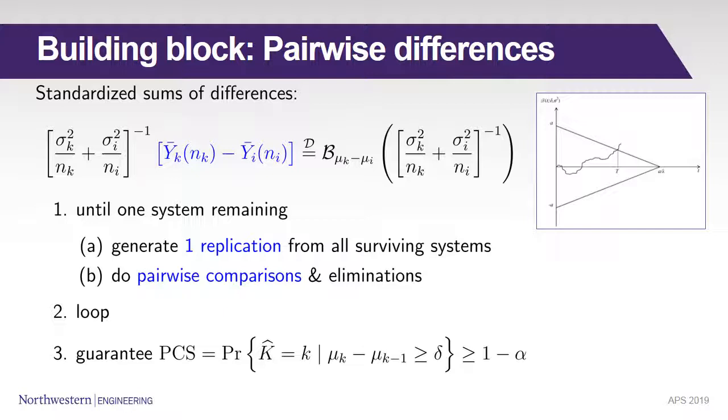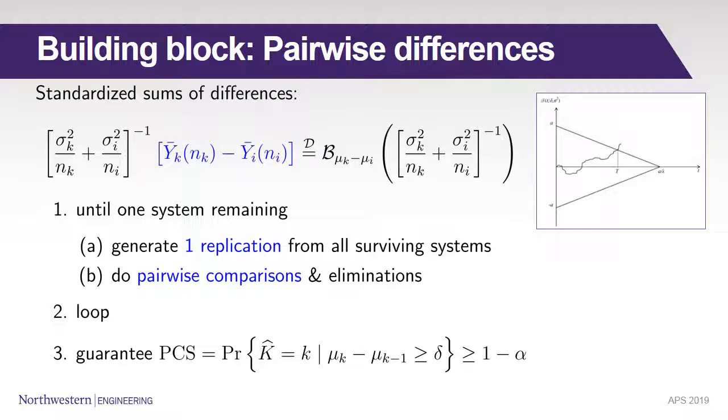And when the outputs of the simulation are normally distributed, this standardized sum of differences can be approximated as a Brownian motion process with a drift, where the drift is based on the difference between the true means.